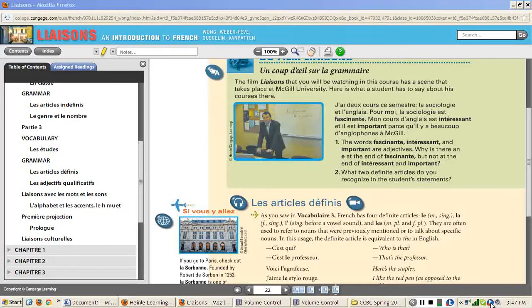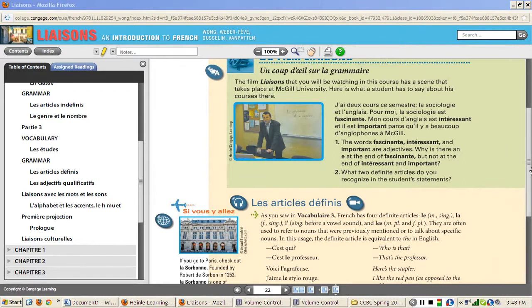The French language, like the English language, has indefinite and definite articles. In the previous part of the chapter, we used indefinite articles to help us describe the objects in a classroom. And we weren't being very specific. We were just talking about, what is in a classroom? A pen, a clock. And we saw how indefinite articles also help give the masculine or feminine form of the noun.